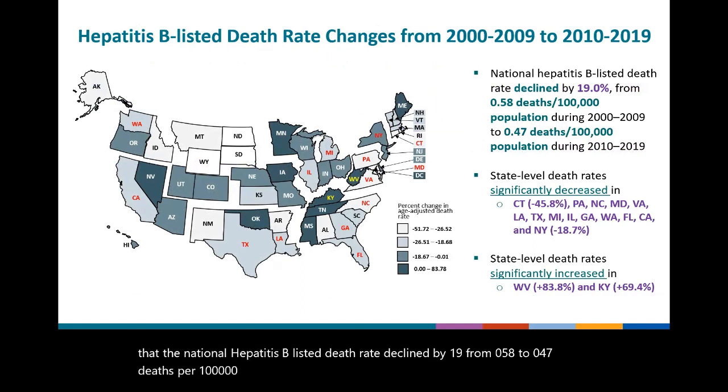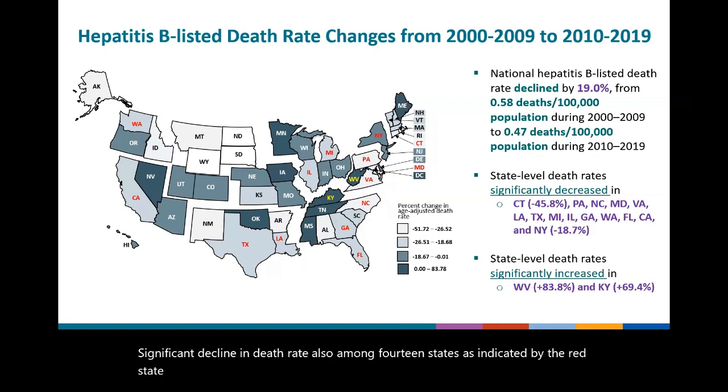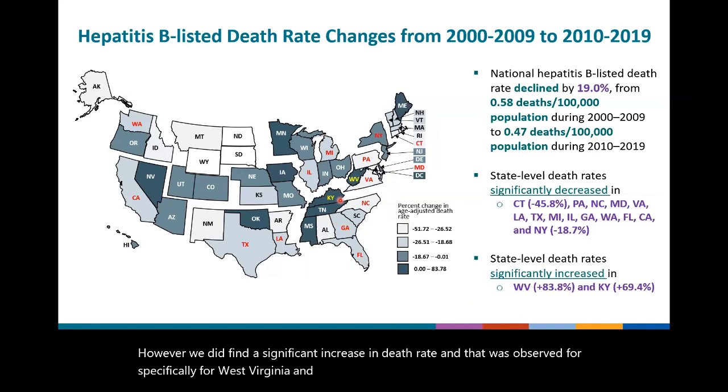And this was significant. And also we found a significant decline in death rate among 14 states, as indicated by the red state abbreviations. However, we did find a significant increase in death rate, and that was observed specifically for West Virginia and Kentucky, and that's indicated in yellow.